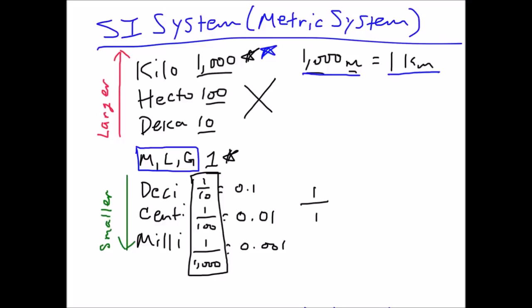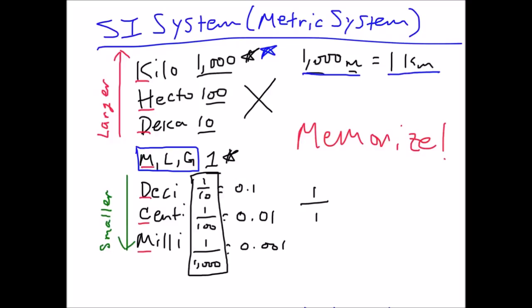Okay, so that gives us our general look into the SI system. Now you are going to have to memorize this system, and there is a trick, and I'm sure you've learned it before, to memorize each of these names in the system.